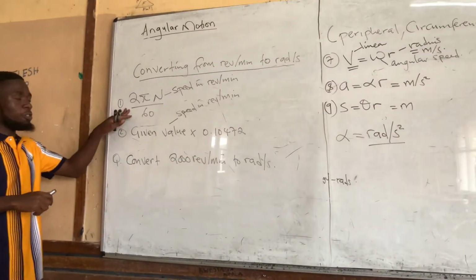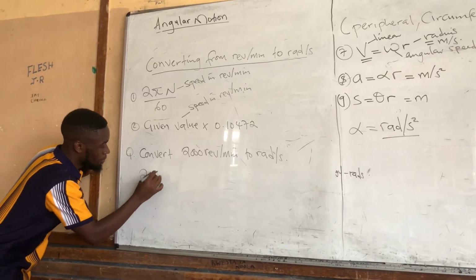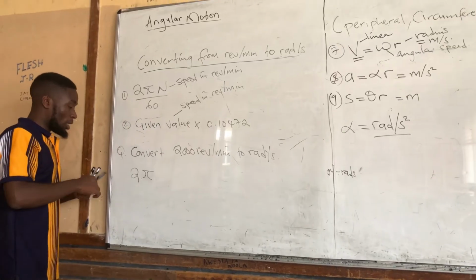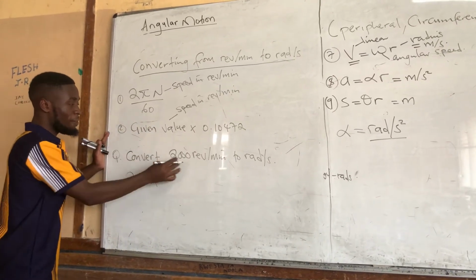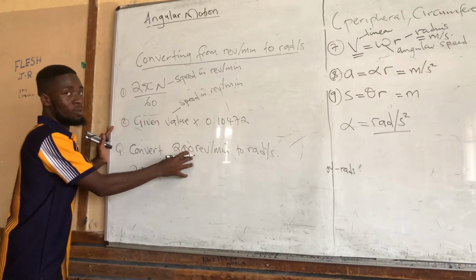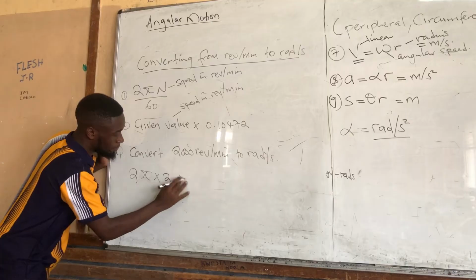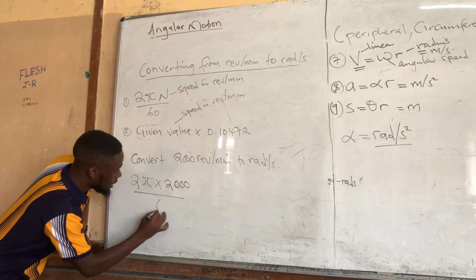So using our first formula, we say 2 pi n, and what is this n here? This n is the given value, the speed in revolutions per minute, which is 2000, divided by 60.